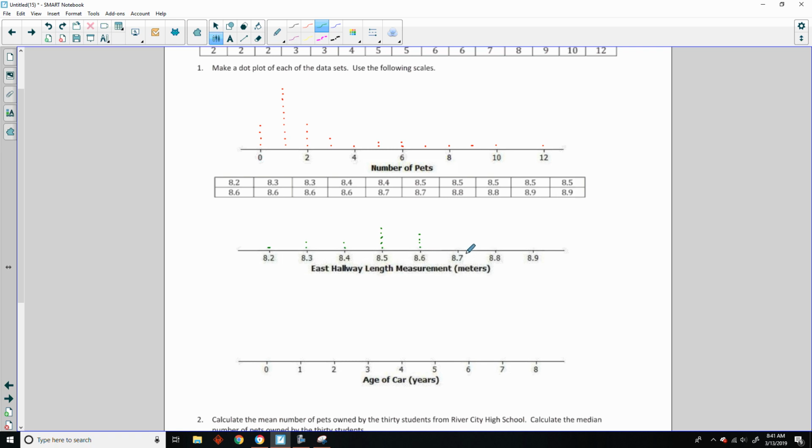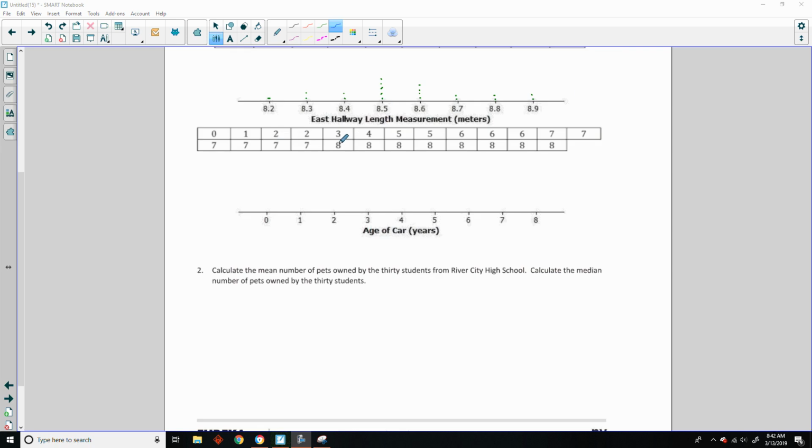And 8.7, there's 2. 8.8, there was 2. And 8.9, there was 2. So there's the dot plot for east hallway length, measured in meters.